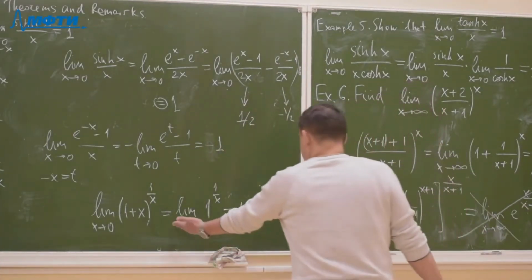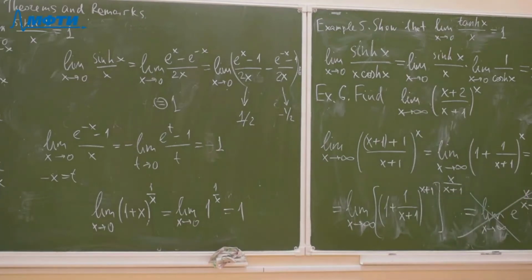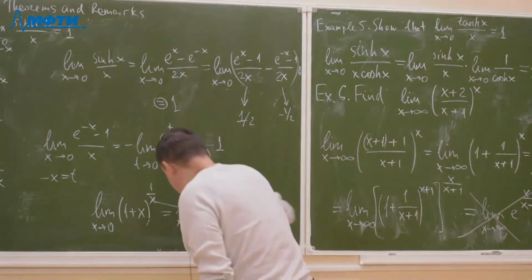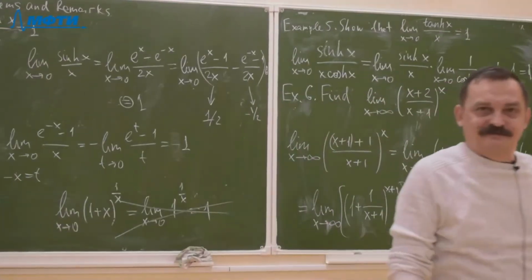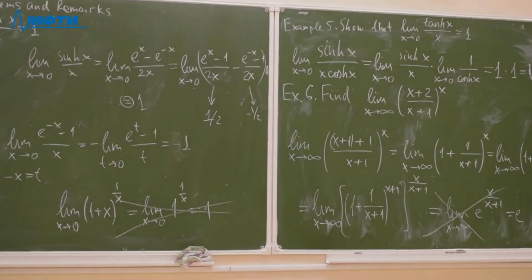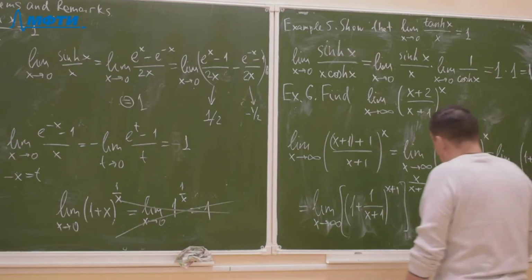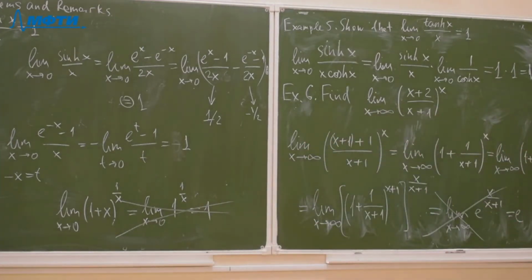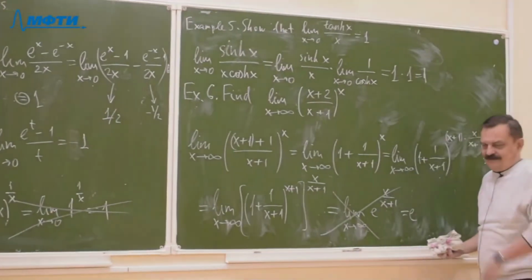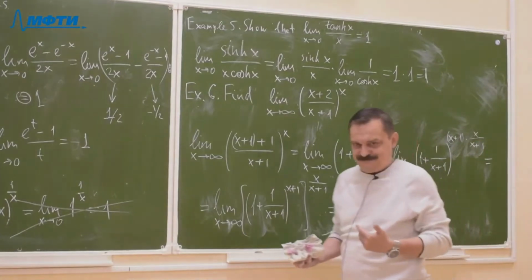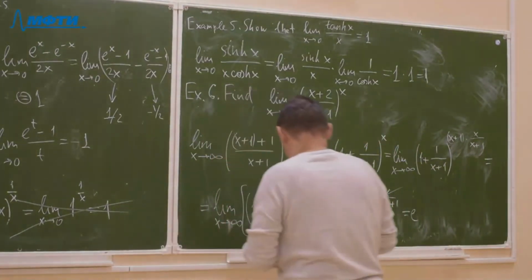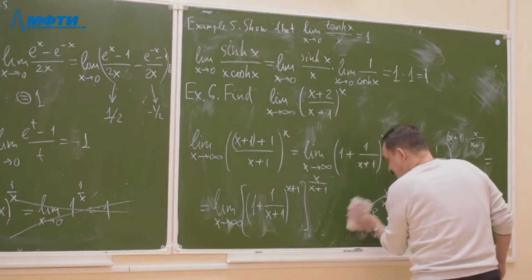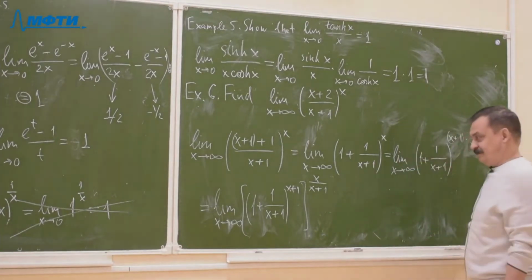What is the difference between the logic of those writings? No difference, and that is completely wrong. Quite often, when you think about a solution, that is a good way, and everybody thinks like that. But when you write down the solution, never write it like that.